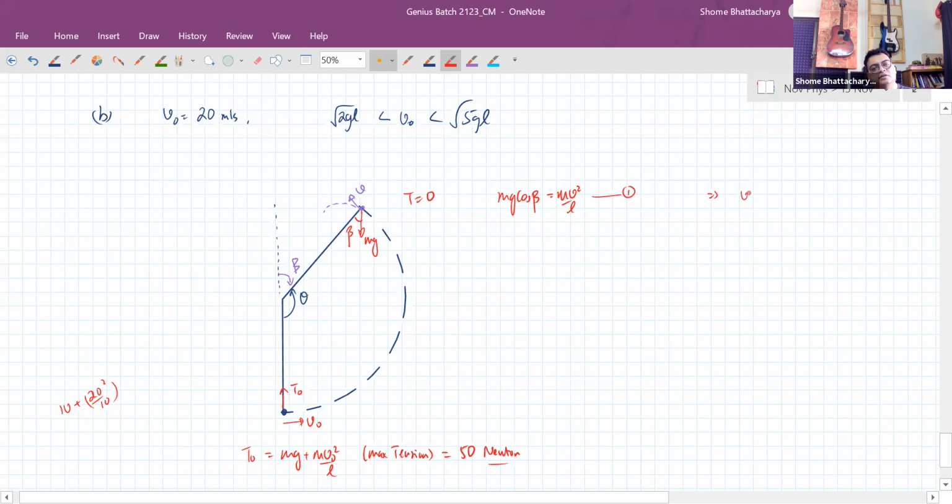Okay, so from this we get that v square is equal to gl cos beta, and half mv square is equal to half mv naught square minus mgh, where h is equal to L into 1 plus cos beta. So from this we get that v square is equal to v naught square minus 2gl into 1 plus cos beta. So now solve these together.